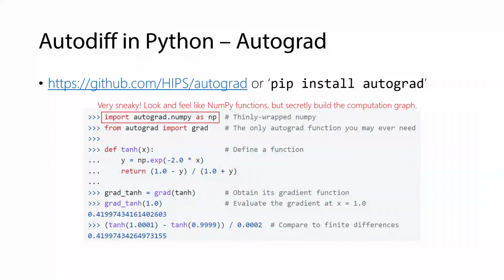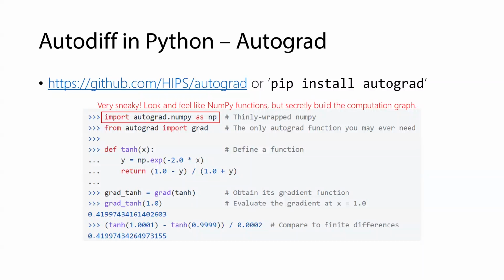What that means is, for the code that you have already written in NumPy, you should be able to take the gradient, take the derivatives of those functions. So over here, it's the usual tanh implementation with NumPy. By importing autograd.numpy like this, from the user side there's not much of a difference in terms of syntax.